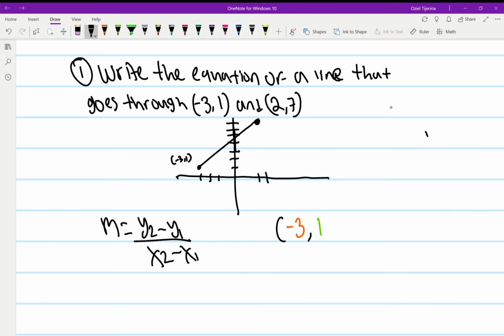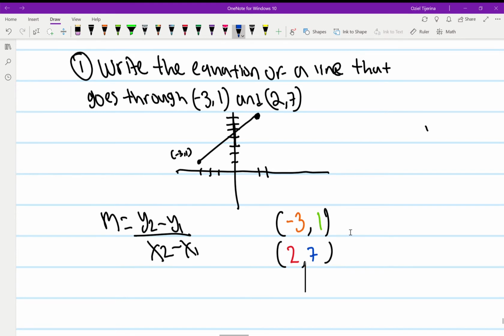And then we have the second point, which is 2, comma, 7, okay?